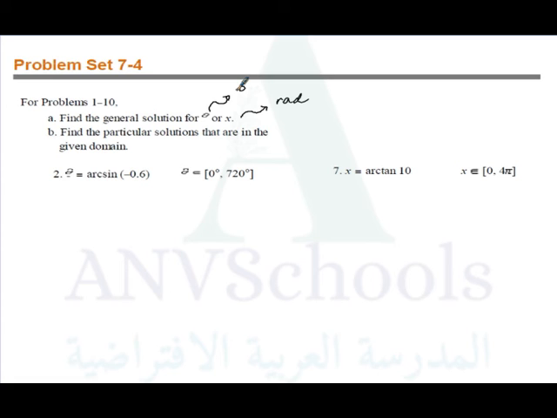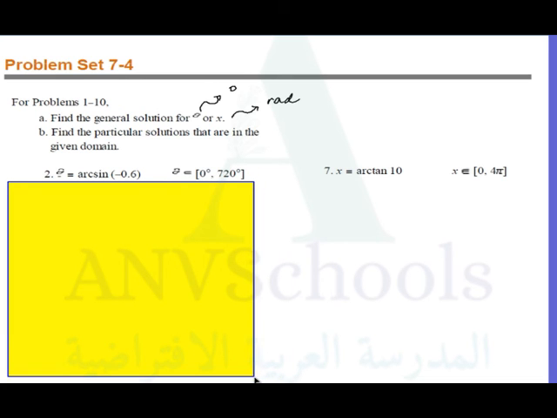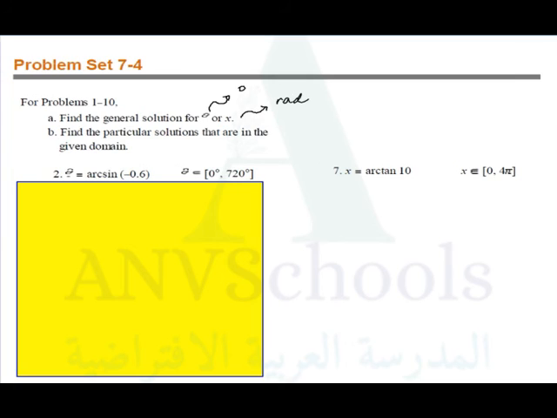So in this case, let's do number 2. Theta is equal to arcsine negative 0.6. So find the general solution. That's the first condition here. And A, this would be theta is equal to arcsine, or in simpler wording, sine raised to negative 1, of negative 0.6.